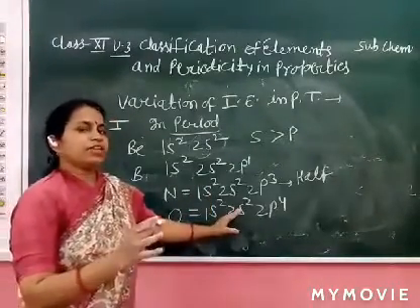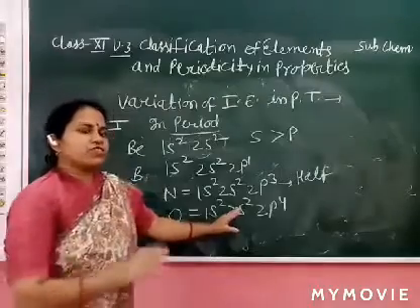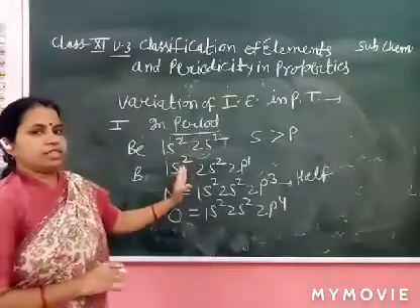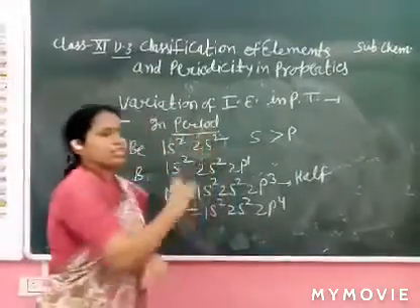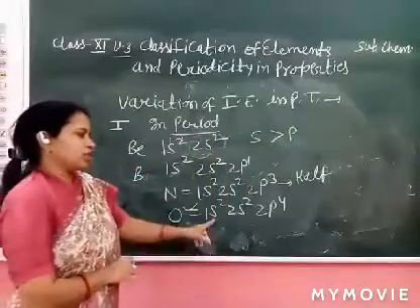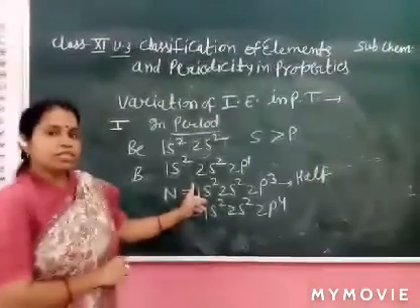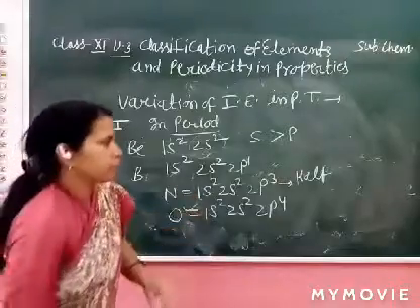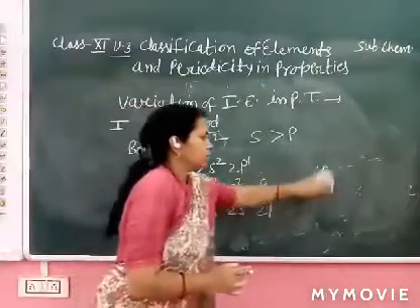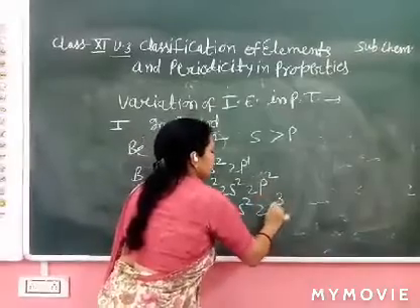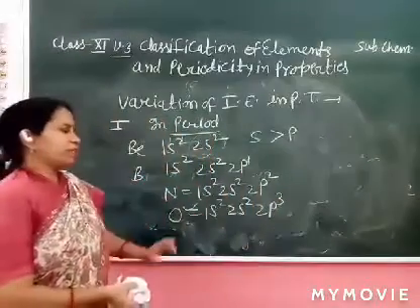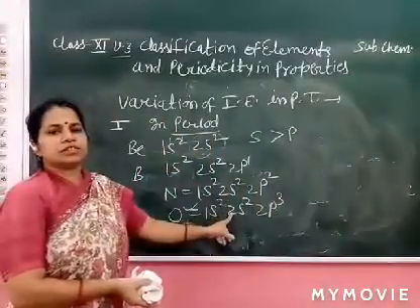Clear? If we talk about the second ionization enthalpy, oxygen has higher ionization enthalpy than nitrogen. Because in the second ionization, oxygen becomes 2p3 and nitrogen becomes 2p2. So which one has the half-filled orbital? Now oxygen.